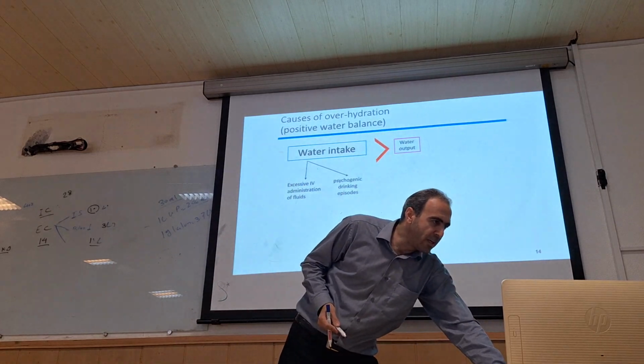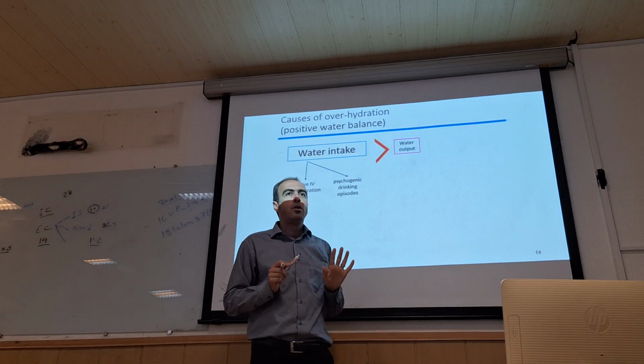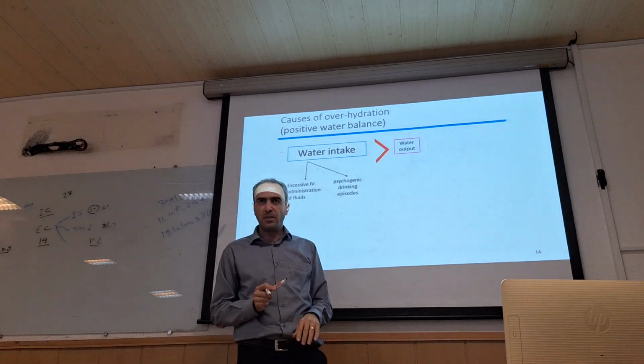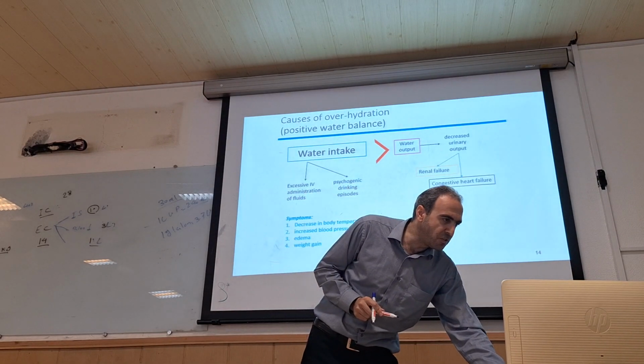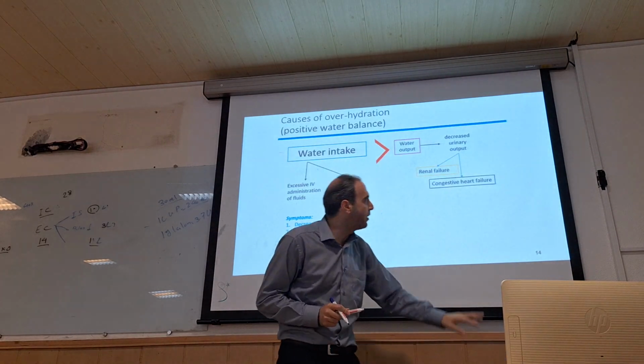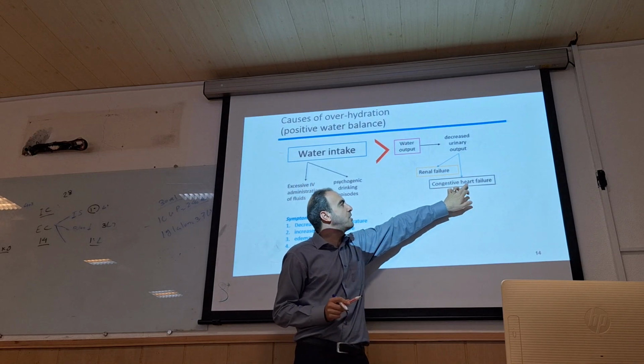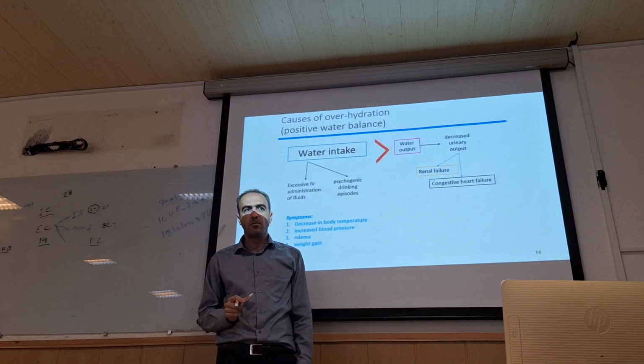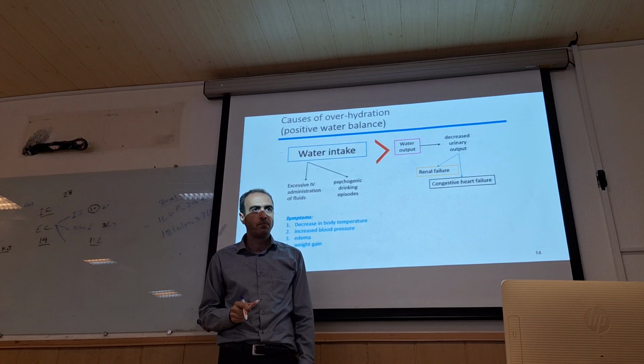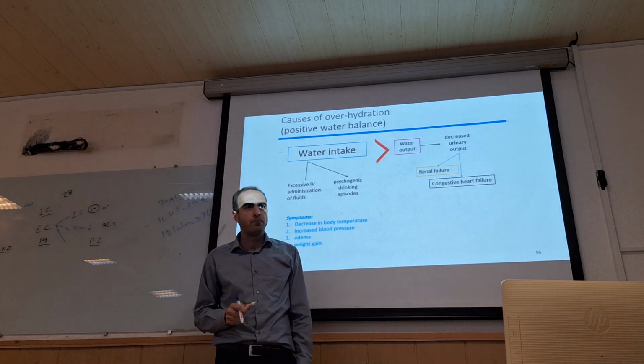And maybe we have a decrease in water loss. It may be due to renal failure or congestive heart failure. What does heart failure have to do with decreased urinary output?